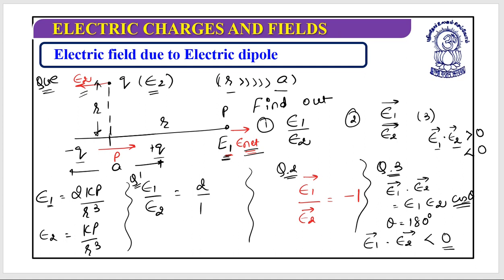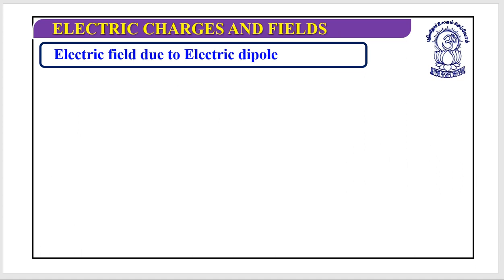Okay, so let's look at the next question very quickly. You need to solve this on your own, so start doing it. Let's say I have been given one dipole having a dipole moment p, and this is another dipole that has been placed, p. Even this is having the same dipole moment, p. Both are short dipoles. You need to find out the electric field at this location.